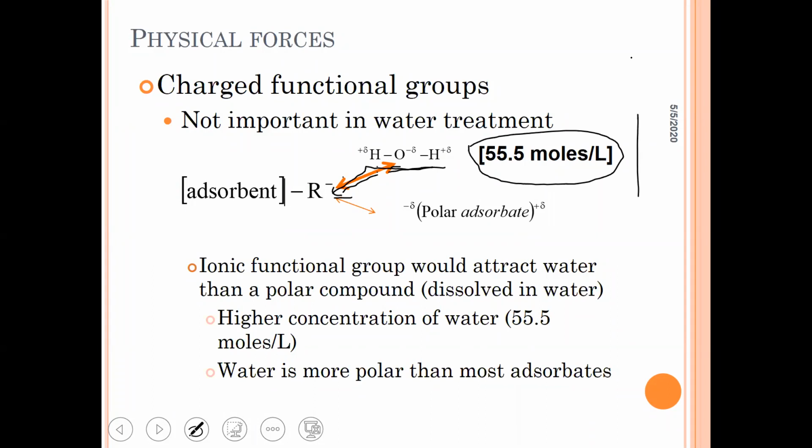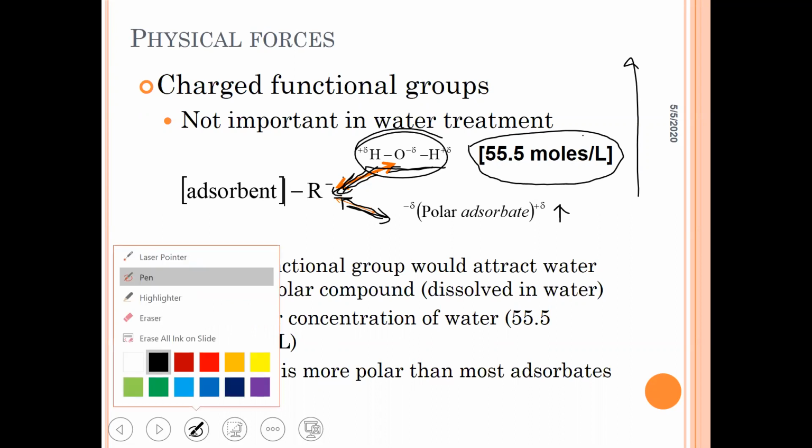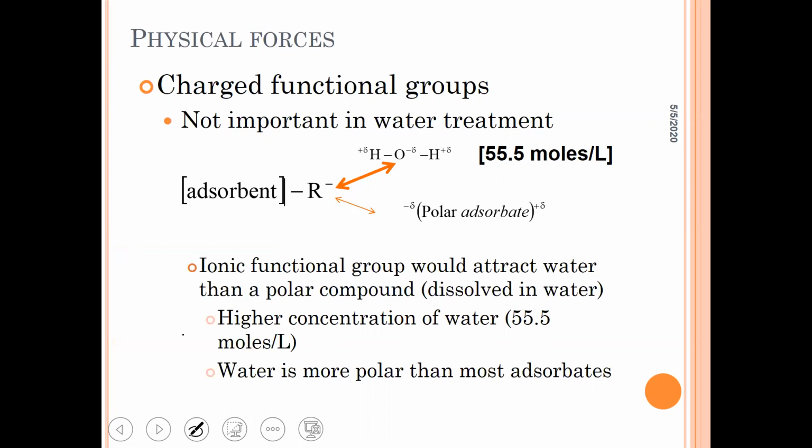It is very high as compared to the concentration of the adsorbate, which from our perspective is a contaminant we want to remove, and is already very low. Because of this, this interaction is not that significant as compared to the interaction of water with this functional group, because water has high concentration.